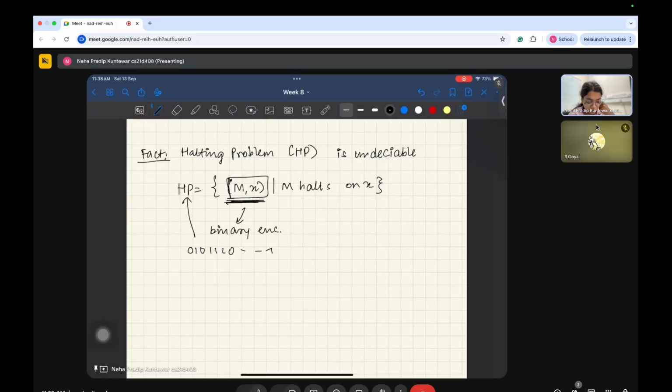But the interesting thing that happens is that you can actually think of this as a unary input. So let me call this UHP, or the unary halting problem.